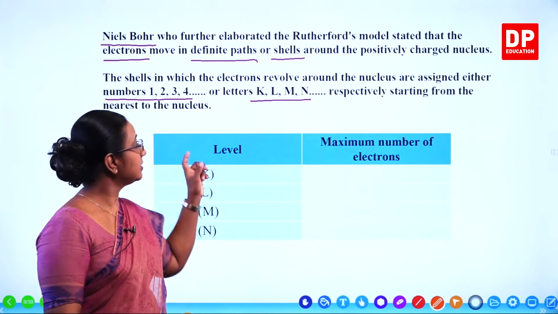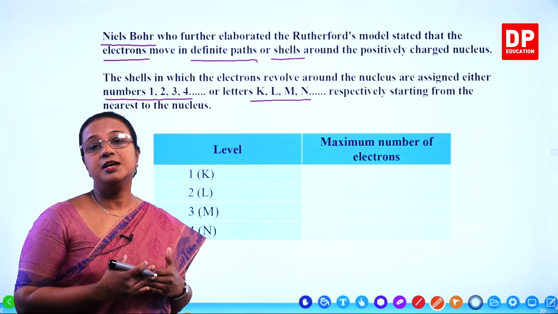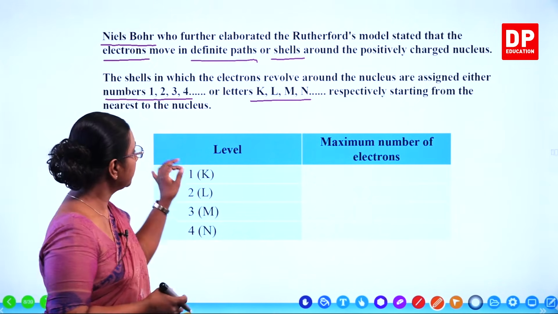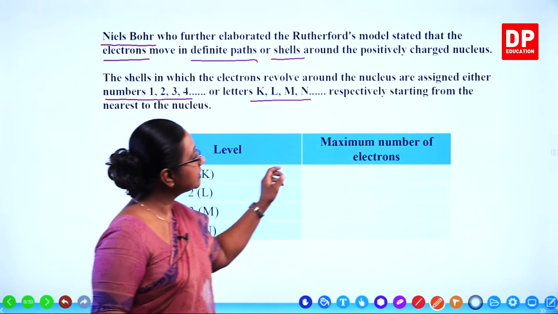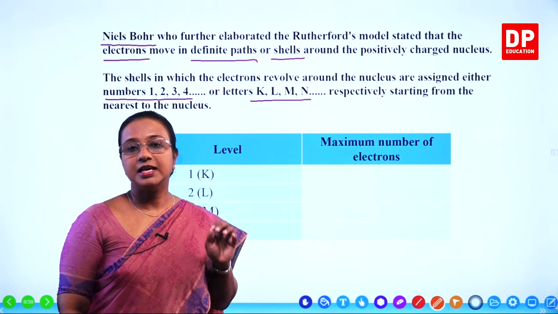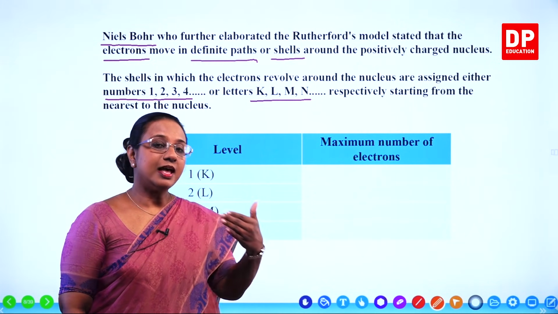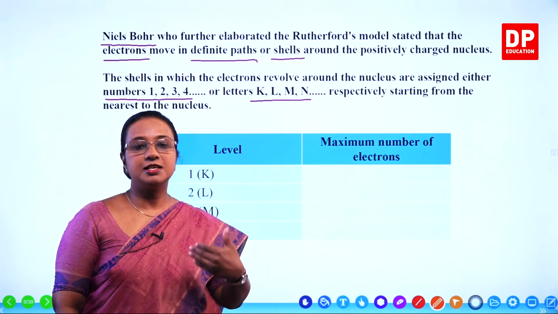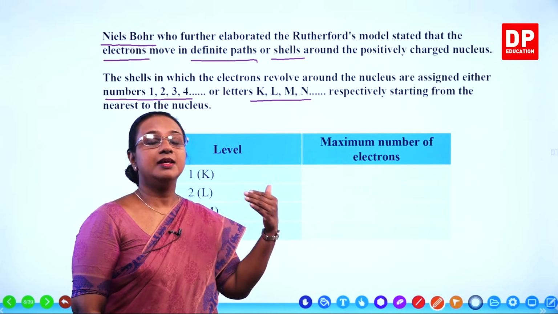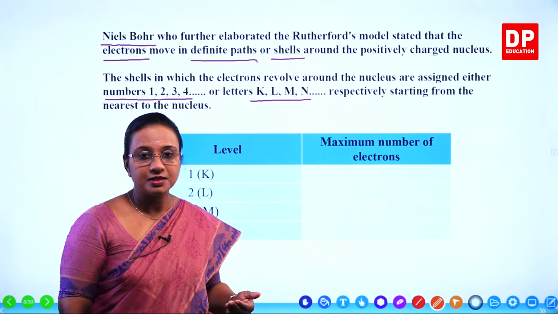And all these energy levels can contain only a fixed number of electrons in them. So now we will see the maximum number of electrons that can be present in each energy level. You will see that when you start from the energy level closest to the nucleus, as you go out, the number of maximum electrons will increase.